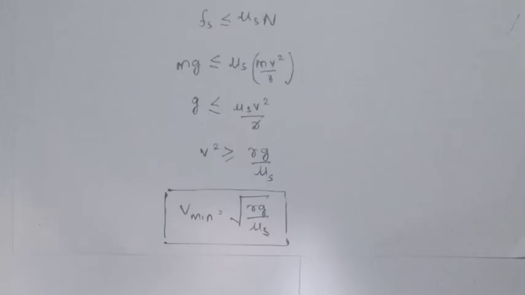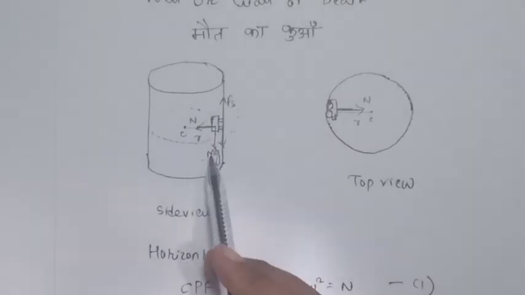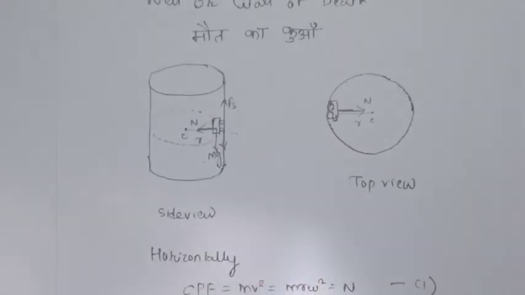Some students will ask, why should the normal contact force increase as the vehicle spins faster? The answer is, the cylinder is just trying to stay intact.